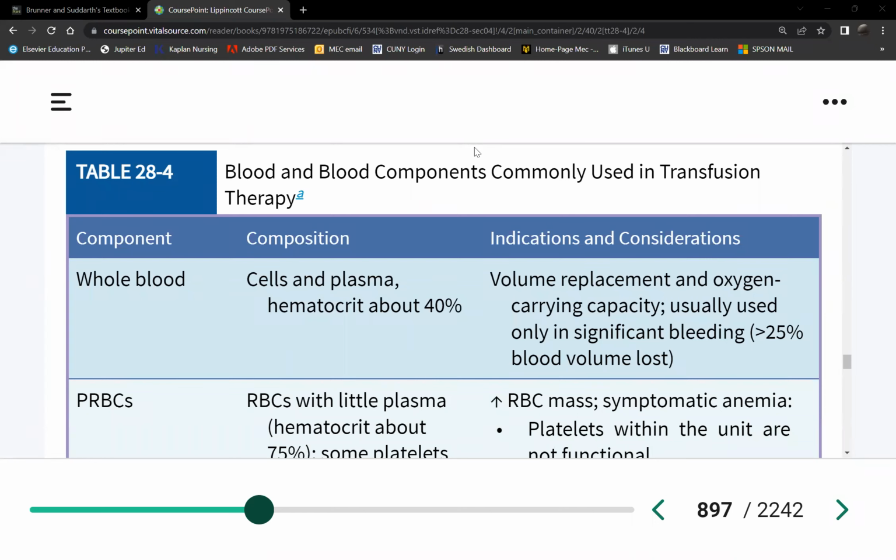Table 28-4, these are the different blood products you will be administering throughout.